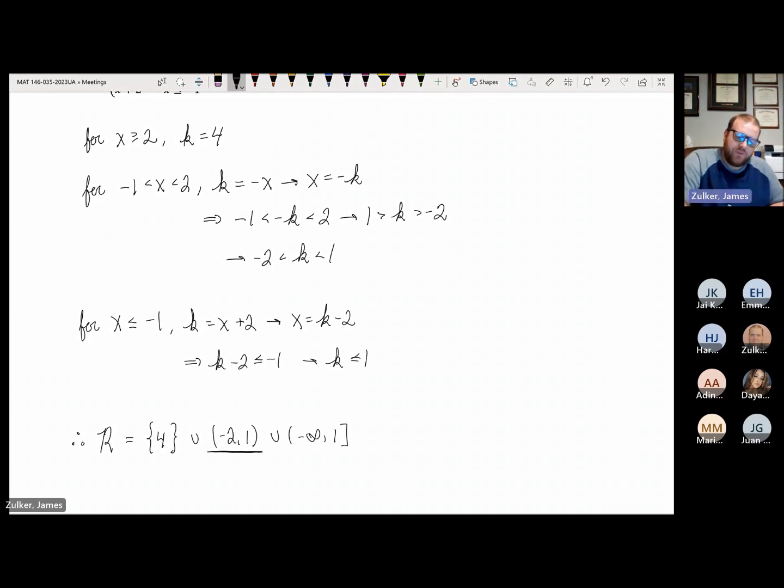If you look at -2 to 1, isn't that contained in negative infinity to 1? Aren't all those values in this last interval? So we can simplify this to this. So the range is negative infinity to 1 inclusive, unioned with the set {4}.